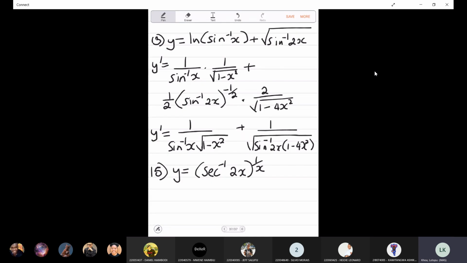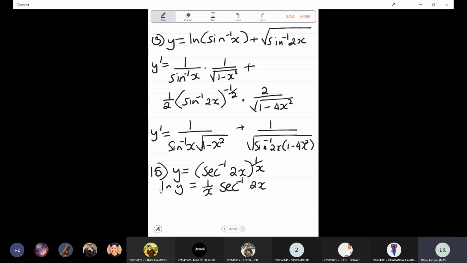So here, the easiest thing to do might be to take logarithms on both sides. There's usually more than one way to do it, but in the end, we always get to the same answer. So if we take logarithms on both sides, we have 1 over x sec inverse of 2x. And then working out this derivative is simpler than working out the derivative of that one.